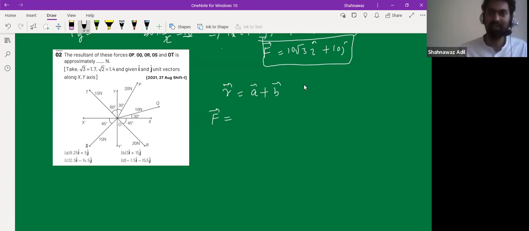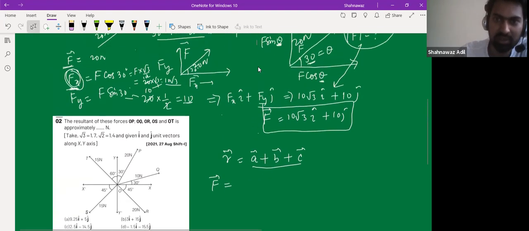Let's say there are three vectors. So the resultant will be A plus B plus C. We can try to calculate multiple parallelograms law, but let's just say we calculate the Cartesian forms of each vector. You already know that we can calculate the Cartesian forms here.